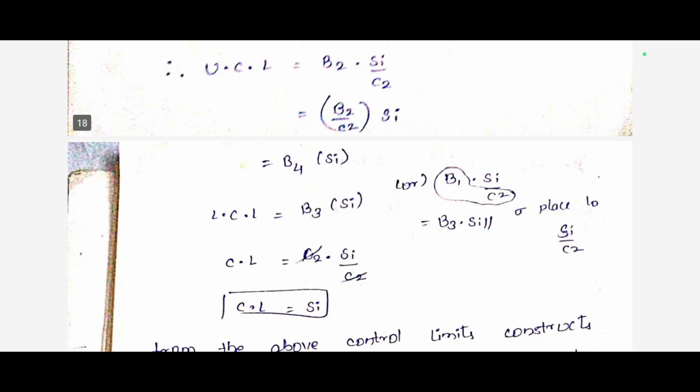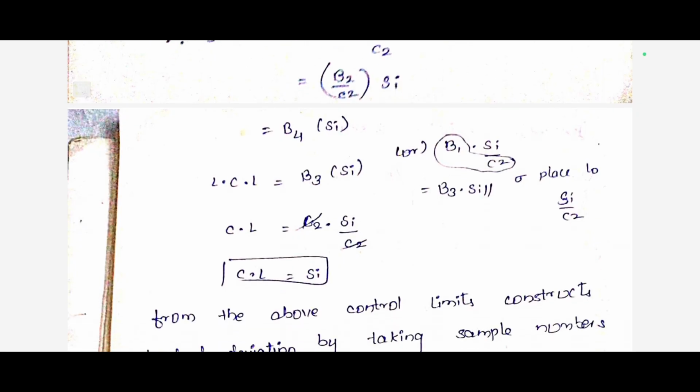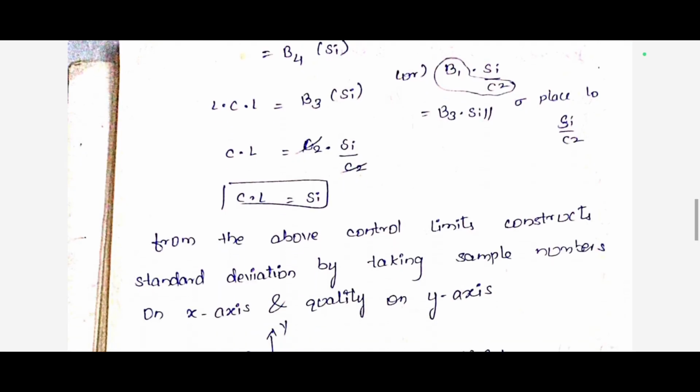So B4 into Si value. Similarly LCL is B3 into Si and CL is Si only. So that is the standard deviation chart from sampling distributions.